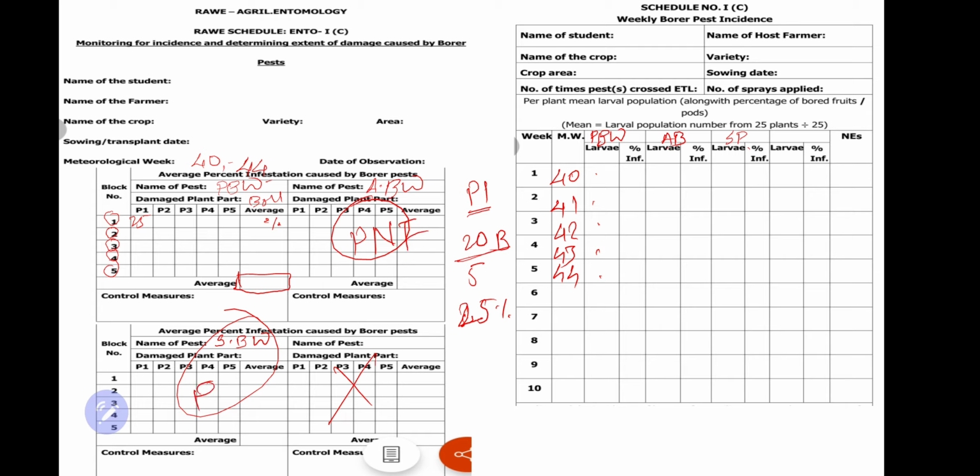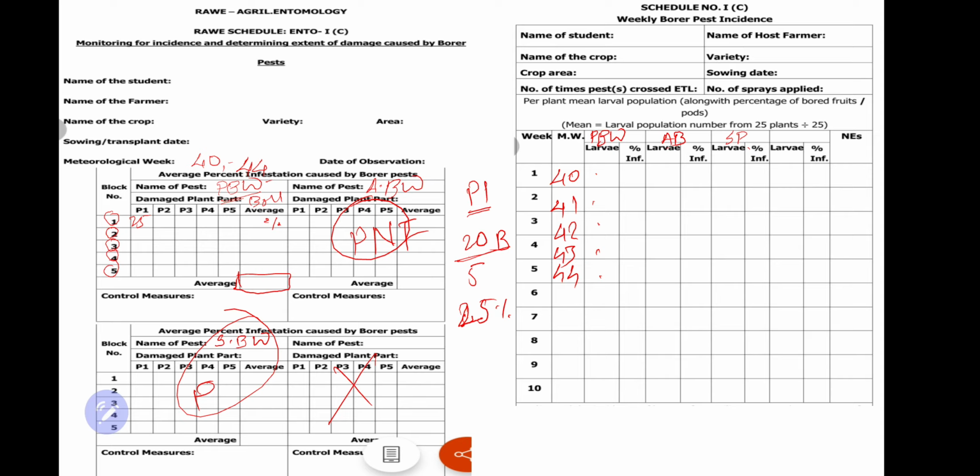Only pink bollworm is observed and any other pest is not observed on the plant. You are just writing about the bollworms or borers of cotton, or borers of soybean, or borers of fruits and vegetables. You are just collecting the data of a single pest or single type of pest.